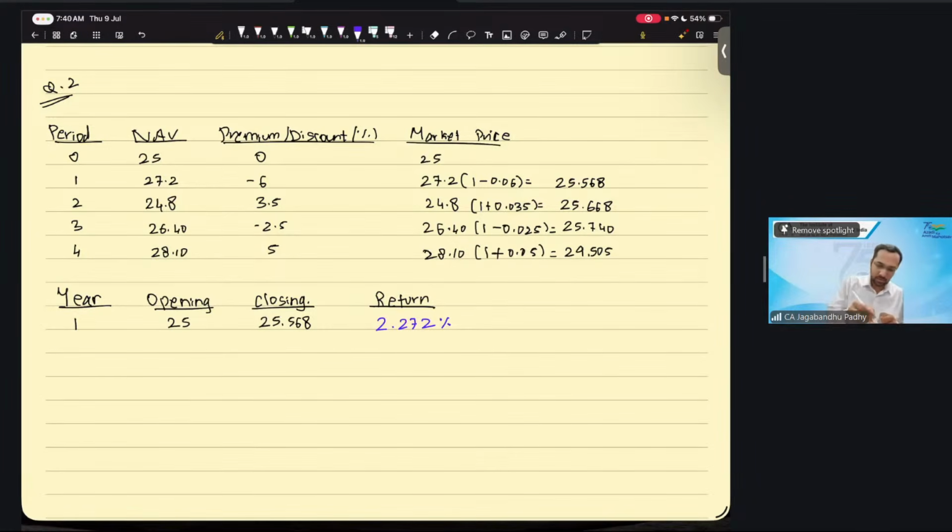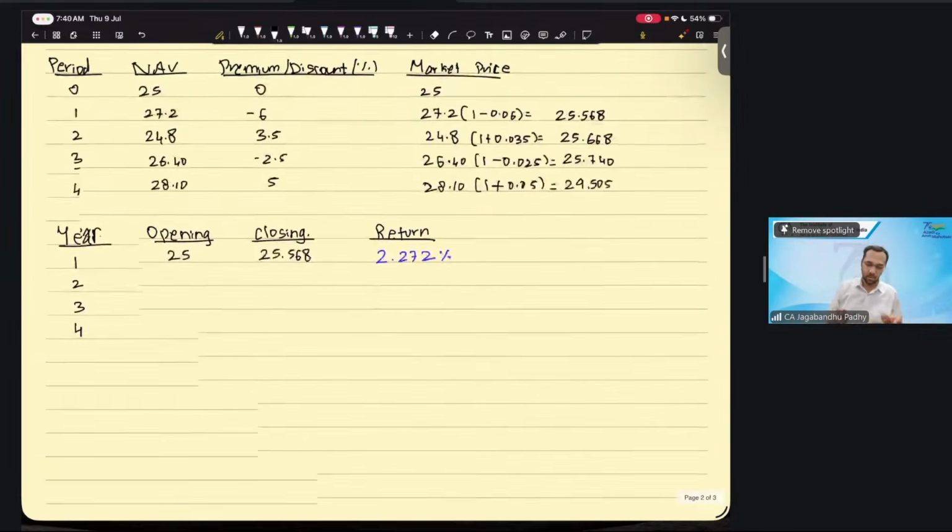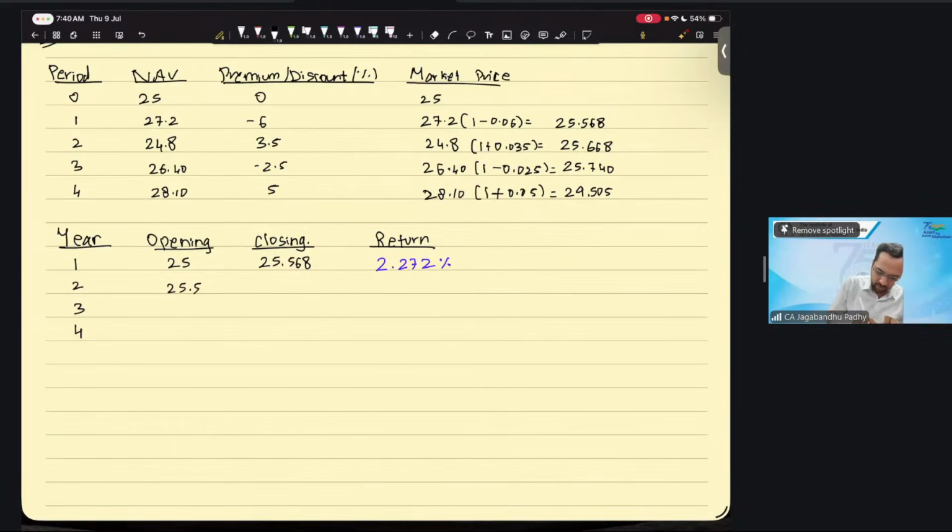Okay. Same way, we have to look for year 2, year 3, and year 4. Opening value is 25.568, closing value is 25.668. Here opening value is 25.668, closing value is 25.740. Opening value is 25.740 and 29.505. Okay, calculate the returns now, guys. Calculate the returns for year 2, year 3, and year 4.